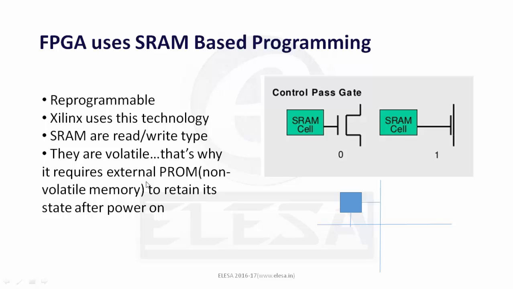So whenever you power your FPGA again, this PROM will program the SRAM cells, and these SRAM cells will make the connection between the two wires. So this is the SRAM based programming that FPGA uses, and this makes it different from the CPLD. The basic difference between CPLD and FPGA is the programming that they use, right?